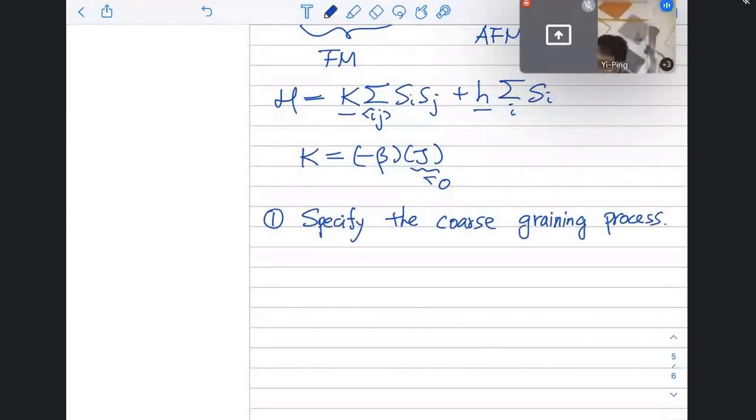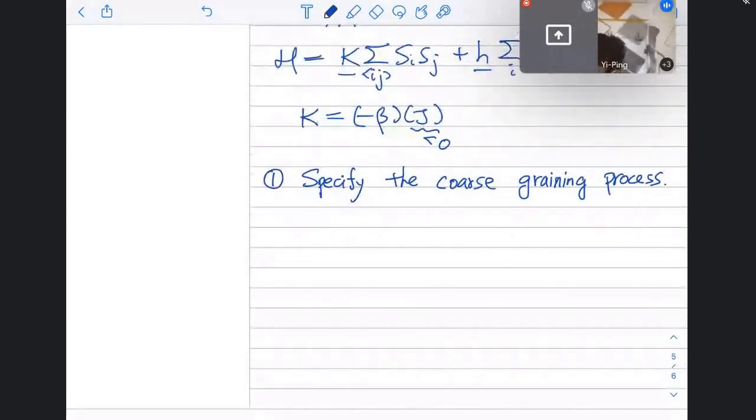So here we are going to apply one of the coarse-graining processes called the majority rule. Okay, so let me try to be more specific about what it is. So let's see how to do that.